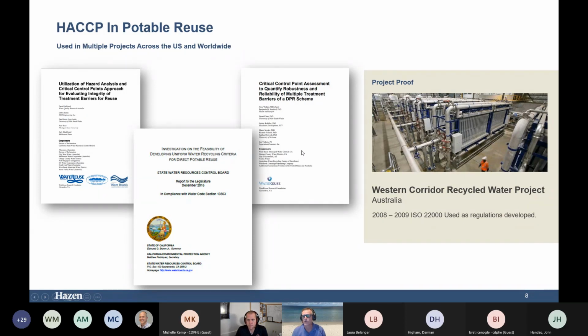I was involved in this particular project, and what was interesting is that we worked through the application of critical control points, but we also looked in depth at data from a number of potable reuse and other treatment facilities that were using the treatment technologies used in potable reuse, and reviewed their data statistically to determine how effective those treatment barriers were at removing the constituents of concern, either the microorganisms or the chemicals that we were concerned about for DPR.